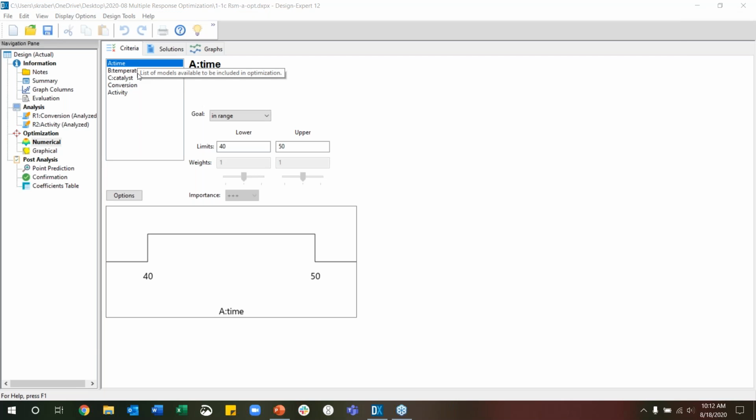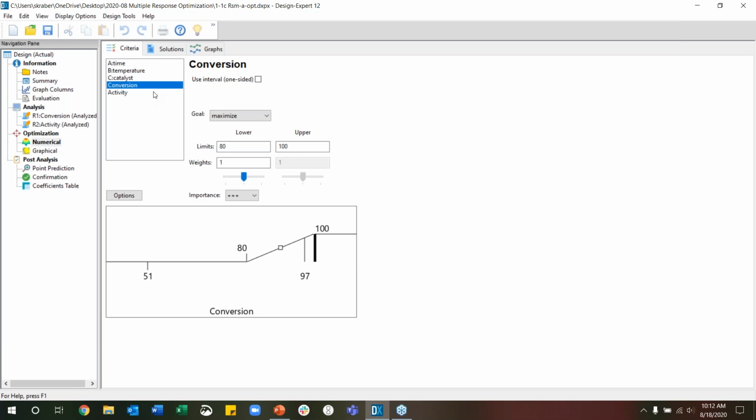In optimization, you can see in this criteria that we have all the factors listed. Now, although the factors could have goals set, I don't recommend that we do anything with those to begin with. You first start by putting goals onto your responses. So the first response was conversion, and the choice of goals are the default of none, and then we have maximize, minimize, etc. We're going to use this maximize.